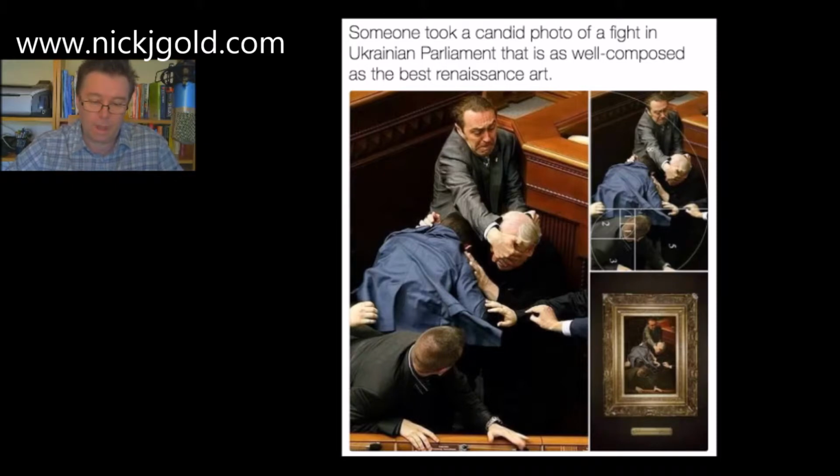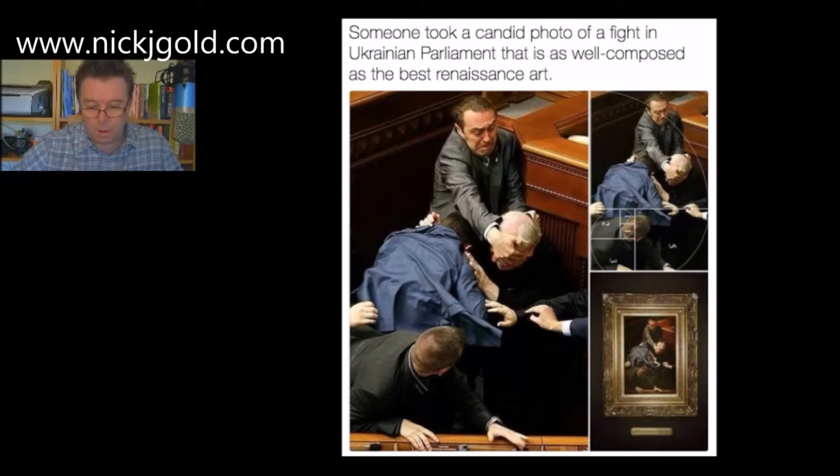Someone took a candid photo of a fight in Ukrainian, well, they've missed out the article here, so a bit of a mistake. A fight in the Ukrainian parliament, that is as well composed as the best Renaissance art. So look at this photograph. It's a fight in the Ukrainian parliament, but it really does look like a Renaissance painting.